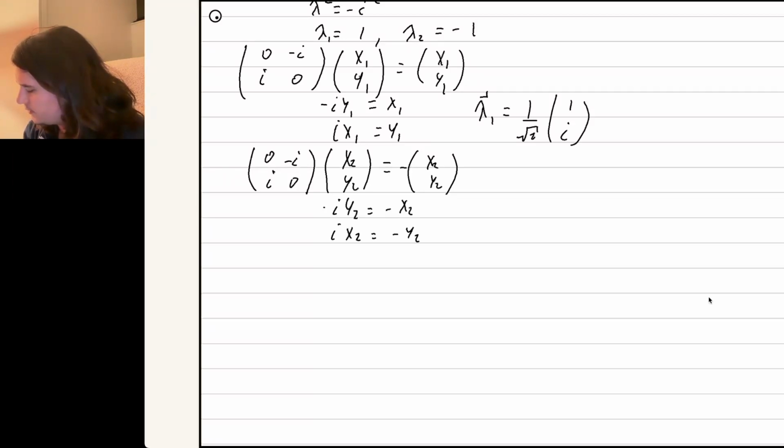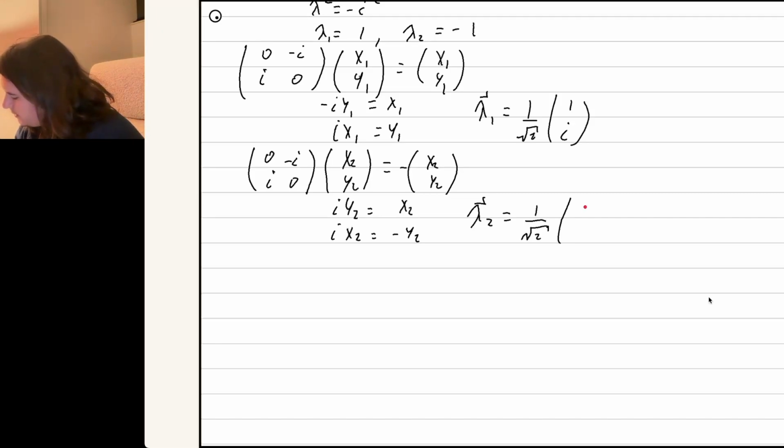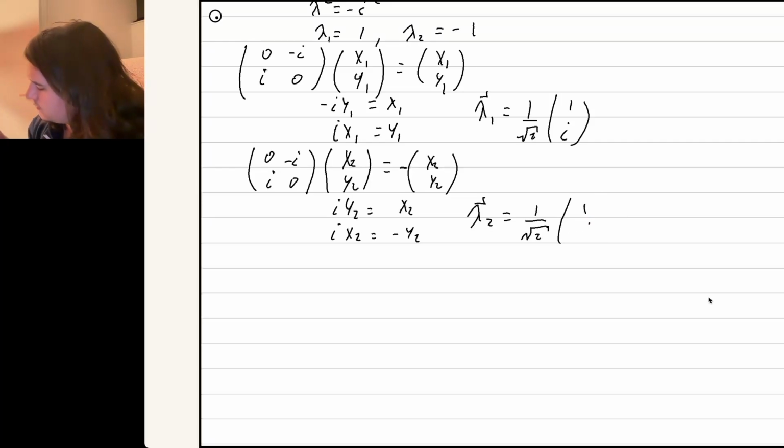Which means these minus signs will be canceled out. And now our second eigenvector will be 1 over root 2 times, I'm going to have the first one be 1 again, and then the second one will end up having to be minus i. Okay. So that's pretty awesome.